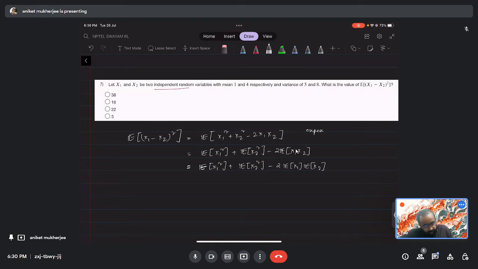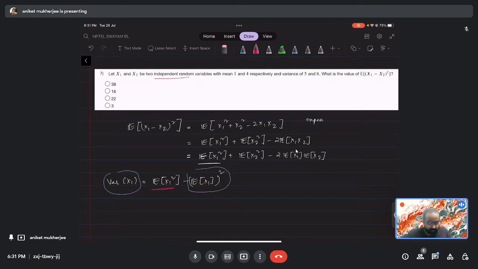So now calculating expectation of x1 square. We know that variance of x1 is equal to expectation of x1 square minus expectation of x1 whole square. I know the expectation and I know the variance, I need to calculate the expectation of x1 square.